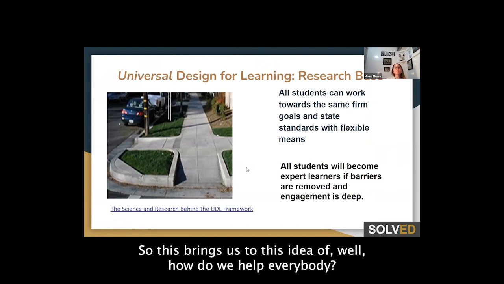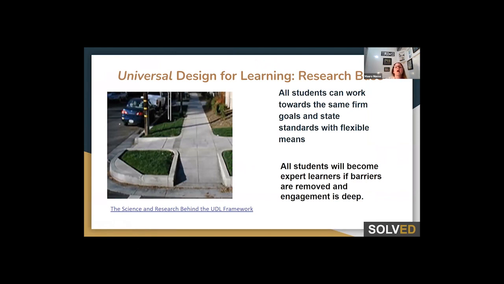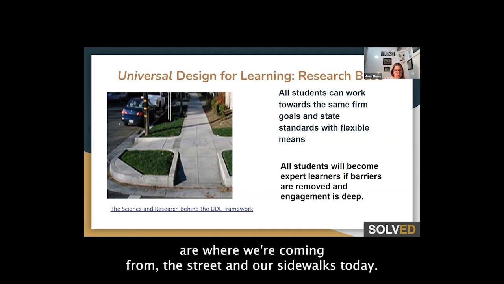So this brings us to this idea of, well, how do we help everybody? And so one of the tools for doing this comes back to universal design. And when we think about the concept of universal design, one of the big examples of this is the curb cut that we see on so many of our streets, where we're coming from the street onto our sidewalks today.